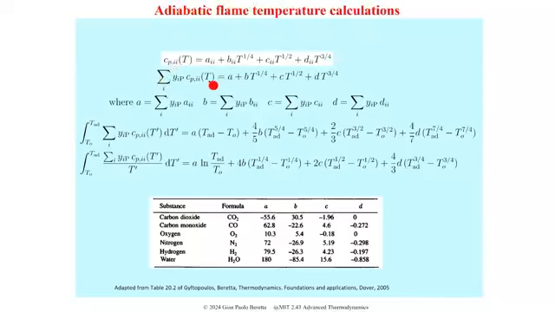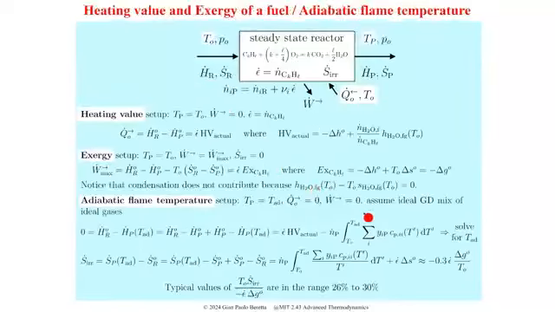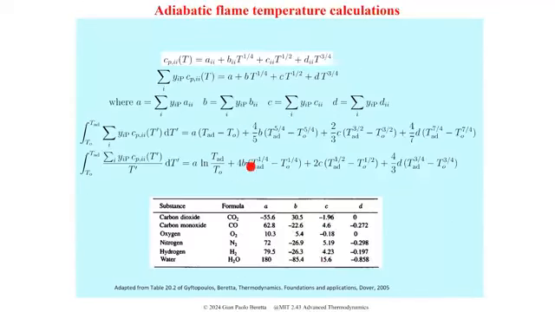The thing that was in these integrals here is the summation of the specific heats of the various products weighted on their mole fractions in the product stream. And also for the entropy, it's the same thing, only divided by T. So you need to compute this.